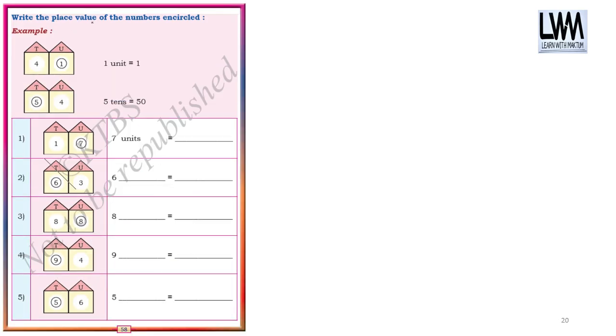Now write the place value of the numbers encircled. So here the place value will be 1 and here place value is 50. And here the place value will be 7 units, means 7 only. 6 is at tens place, so 6 tens. Okay, so it will be 60.